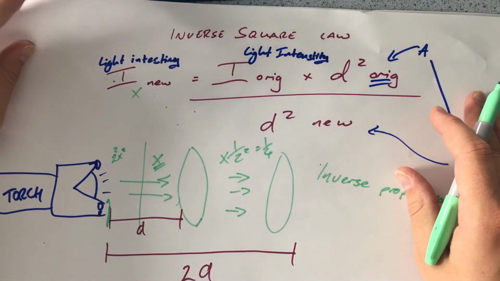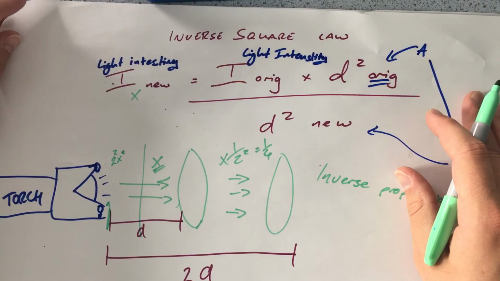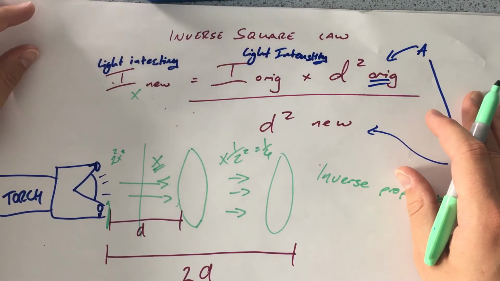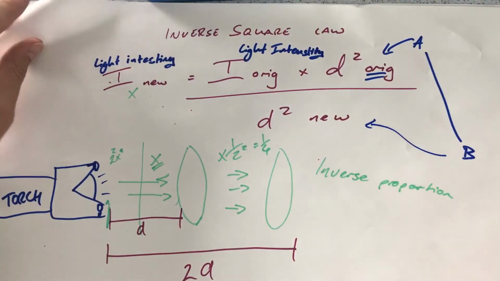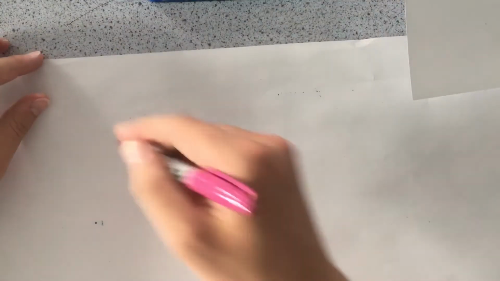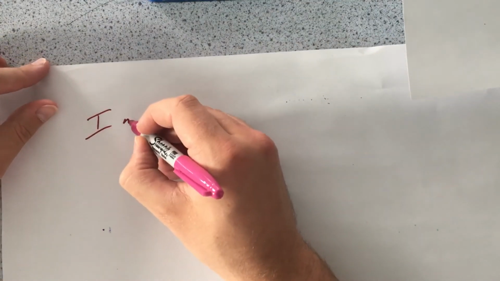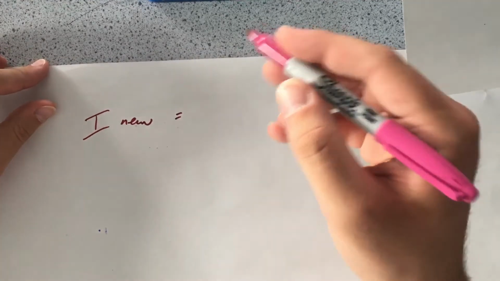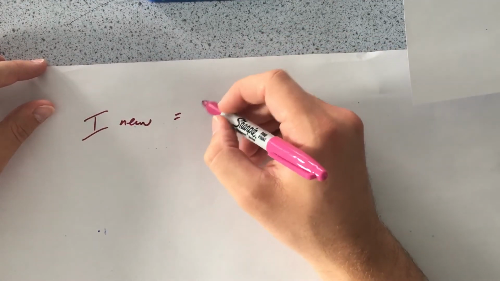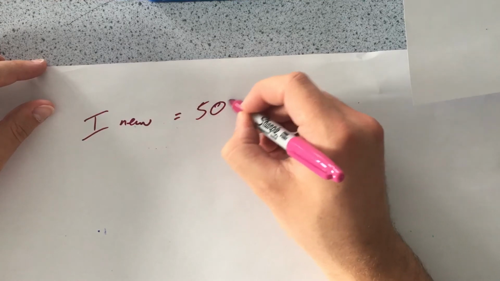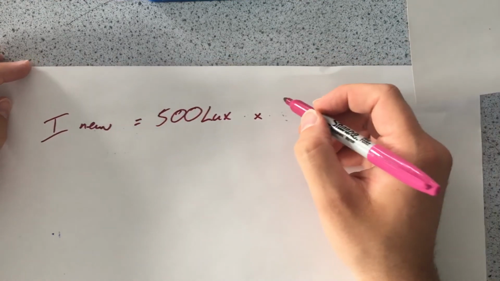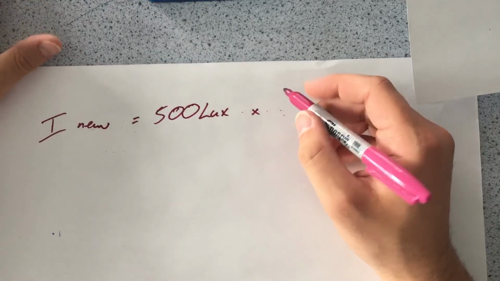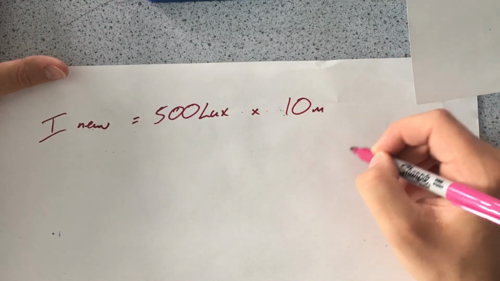We can do this as a bit of a question, I suppose. Let's say that I want to find out what the light intensity is going to be in my new greenhouse. I have got the intensity of 500 lux, and the lamp that's powering my greenhouse is 10 meters away.